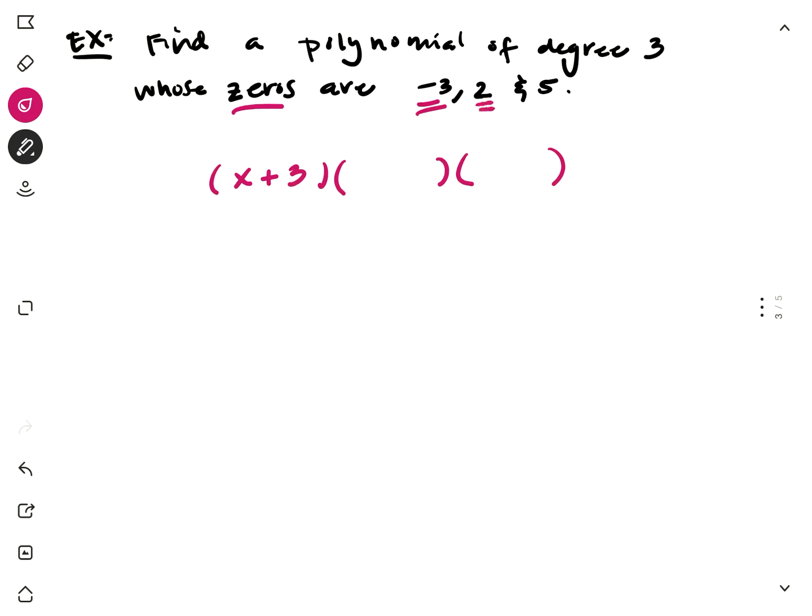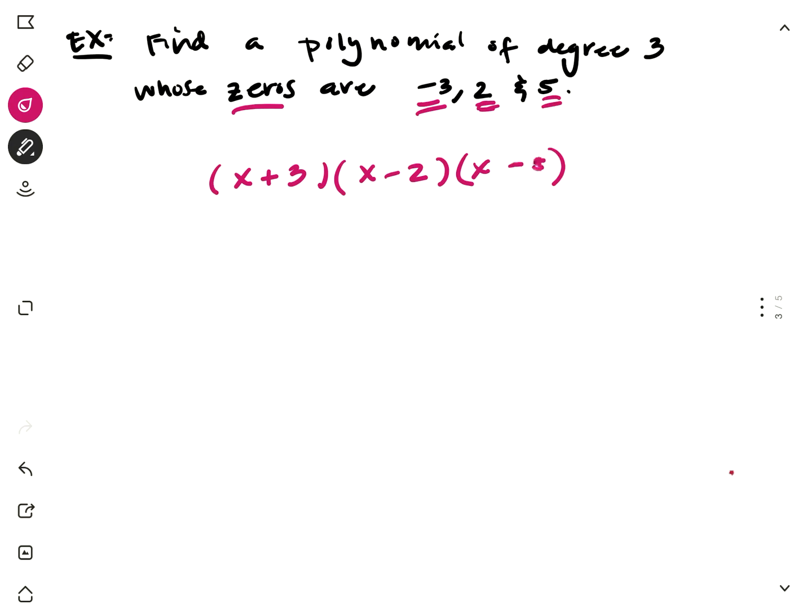Okay, then we move on to the next one, x. And then we're asking ourselves, if our x is 2, what minus that is going to equal 0? That's going to be negative 2, because 2 minus 2 is equal to 0. And then lastly, we're looking at the 5. So what would x be so that if we have our 5 there, it'd be equal to 0?